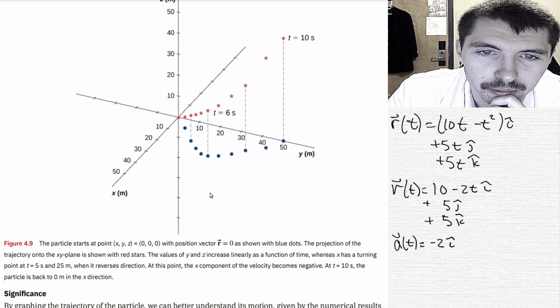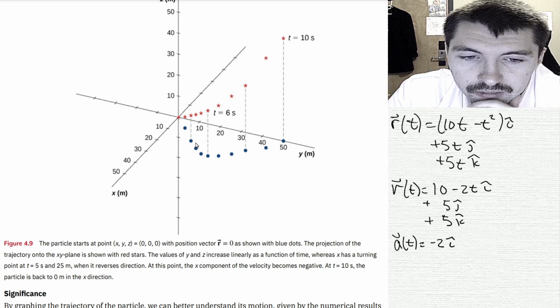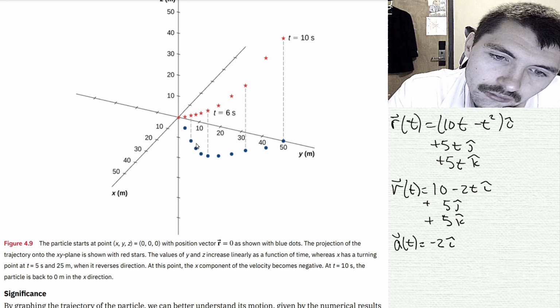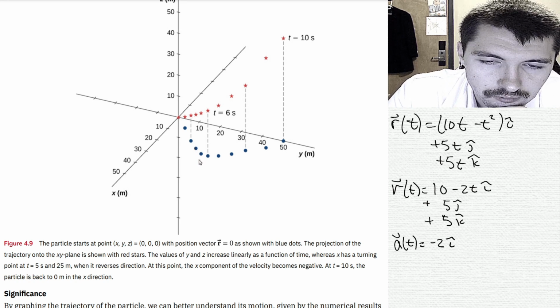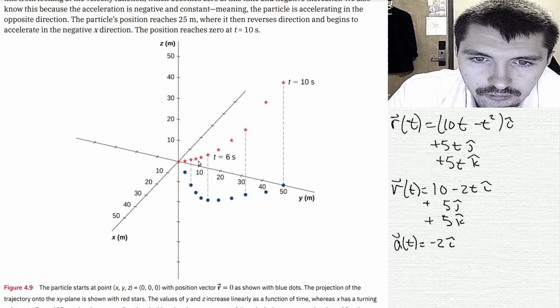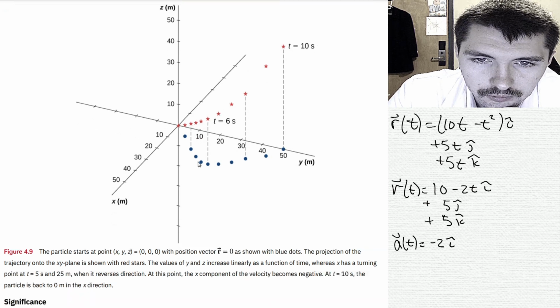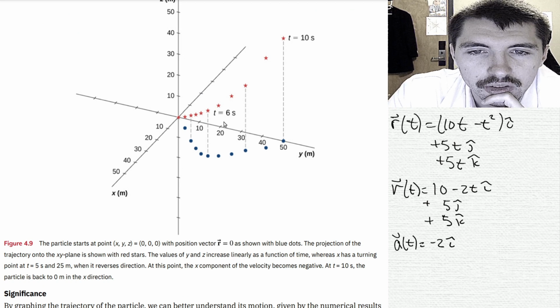Position vector is in blue dots. Trying to figure out where t equals 6 is here.